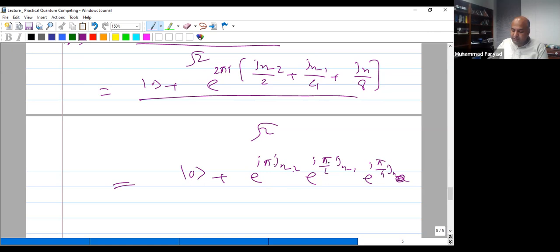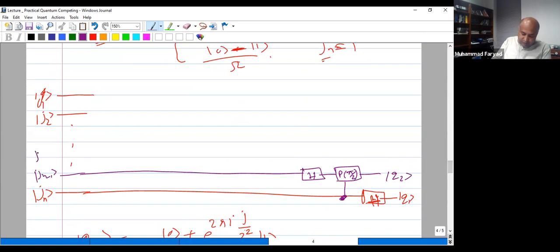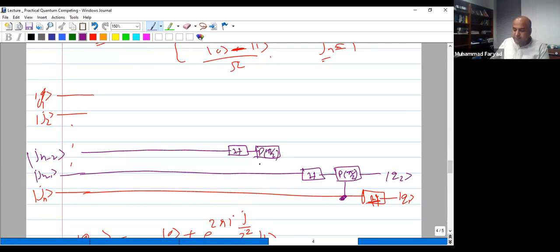And then I need a phase gate of pi by 2 controlled by jn minus 1. And then a phase of pi by 4 controlled by jn. But for this one, I can get very easily. I can just apply a Hadamard to jn minus 2. So first I need a Hadamard, and then I need a phase gate that applies a phase of pi by 2 controlled by this state jn minus 1.